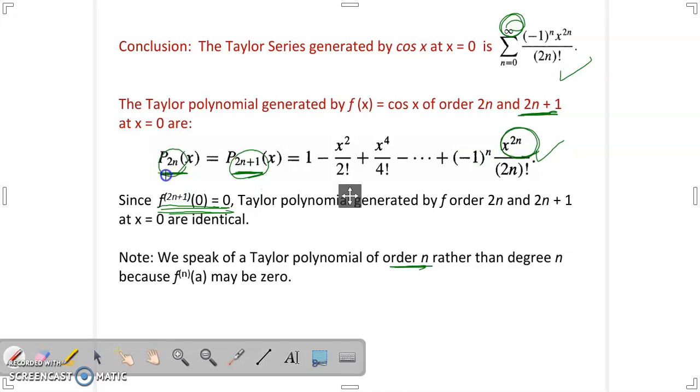So we are defining the order and not the degree, because when you say degree, it means you are talking about the power of x, right? So the Taylor's polynomial for this function at this point of order 2n and order 2n plus 1 are identical, right?